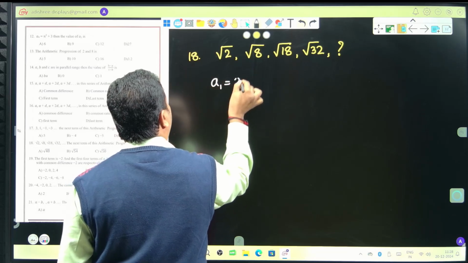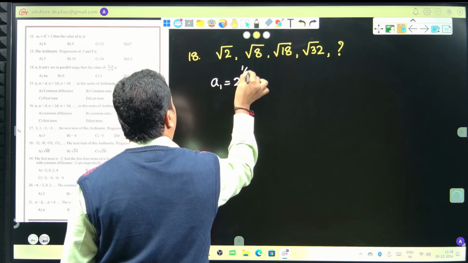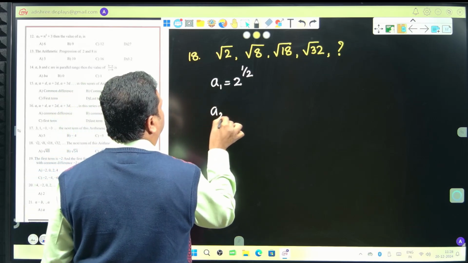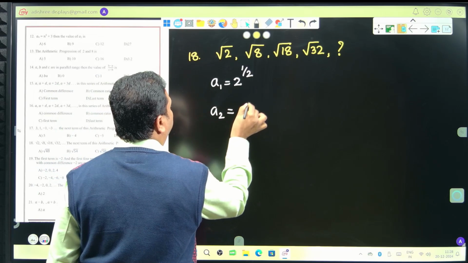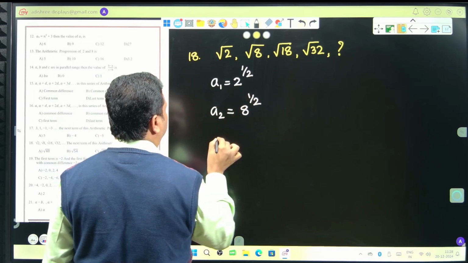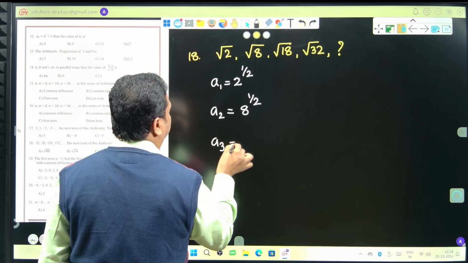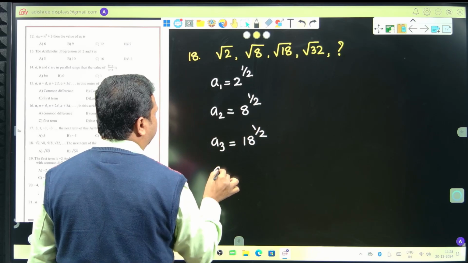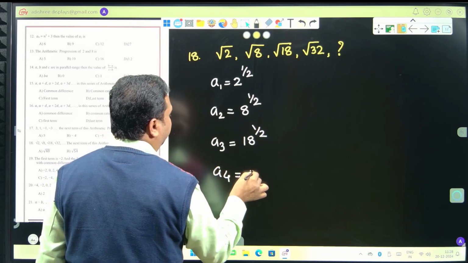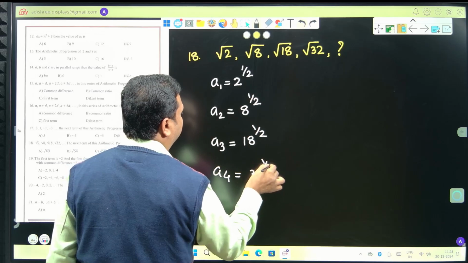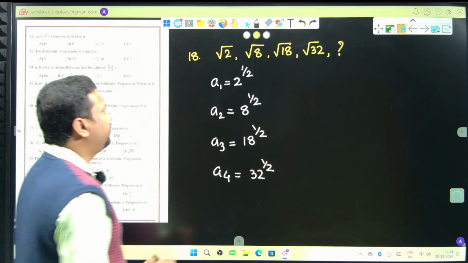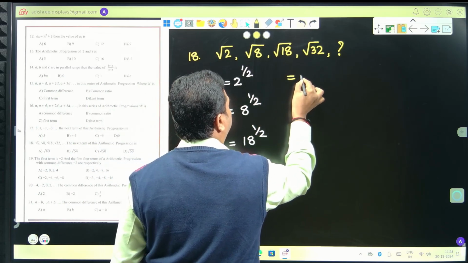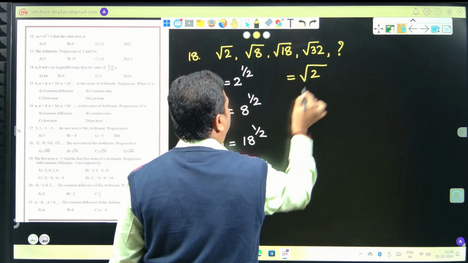Then what is A2? A2 is 8 to the power 1/2. What is A3? 18 to the power 1/2. What is A4? 32 to the power 1/2. Now if you observe carefully, we can also write this in the form of square roots.